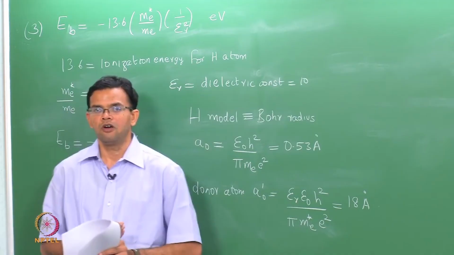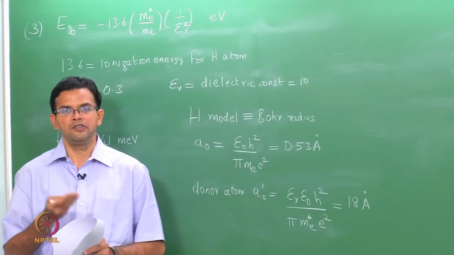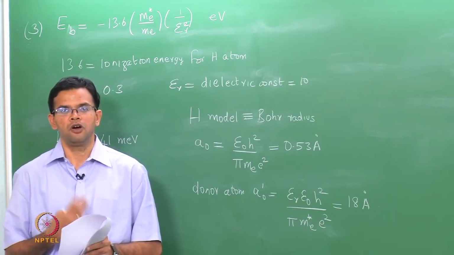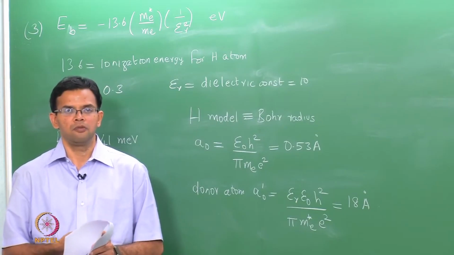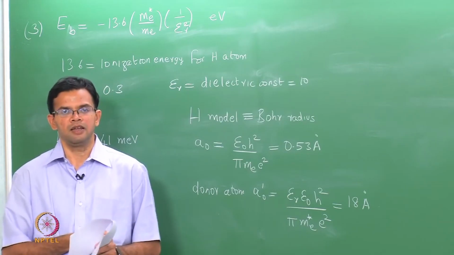So, in the case of an extrinsic semiconductor, we usually treat these donor levels as individual atomic levels. The concentration is usually of the order of parts per million or parts per billion, so that we treat them as individual atomic levels.